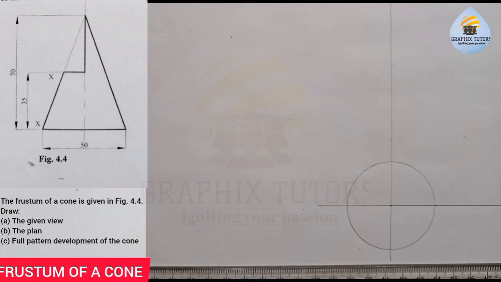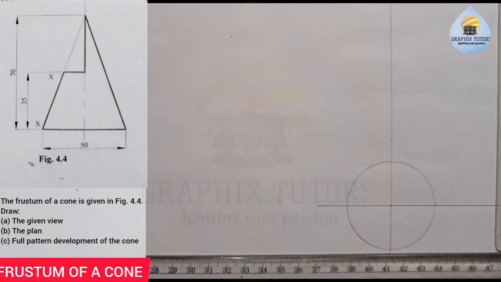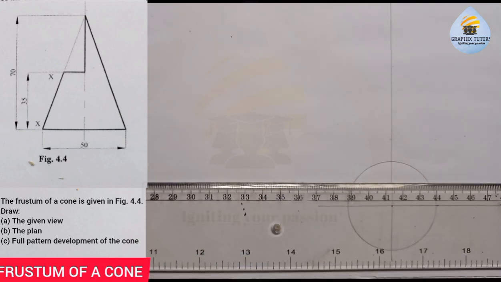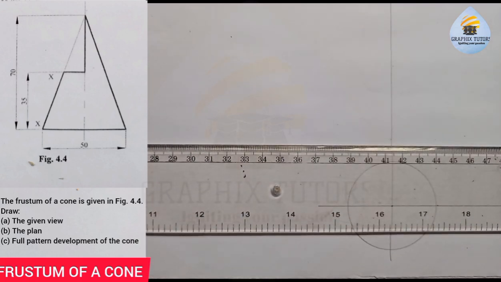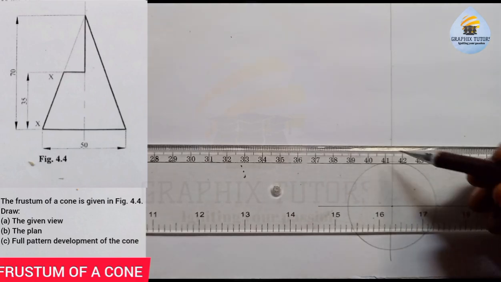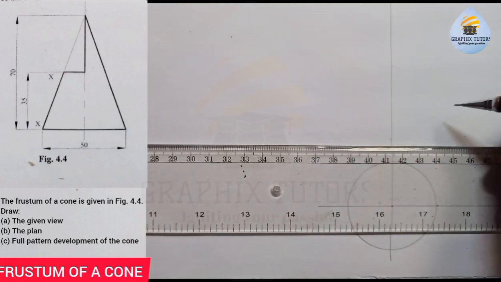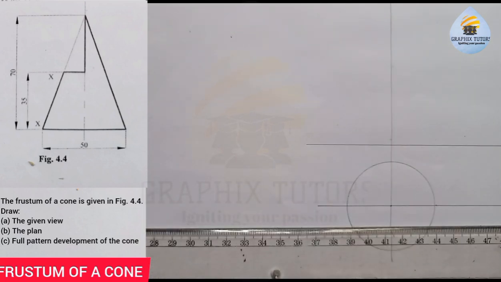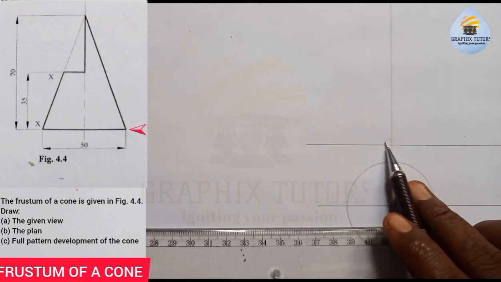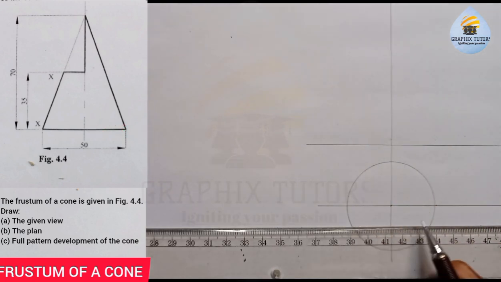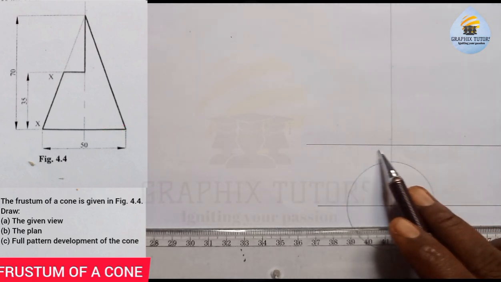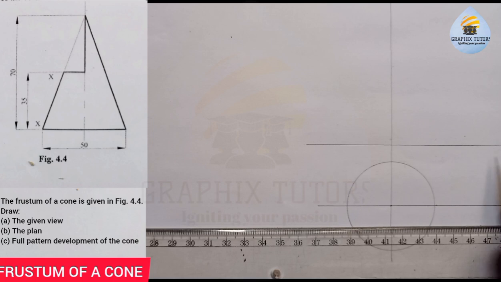Now, what I will do is draw another line parallel to that circle center line, at any given distance. Just draw it this way. You can see that. This line will represent the base of the cone in the elevation. This is the base of the cone in the plan, and the line you're drawing here will represent the base of the cone in the elevation.